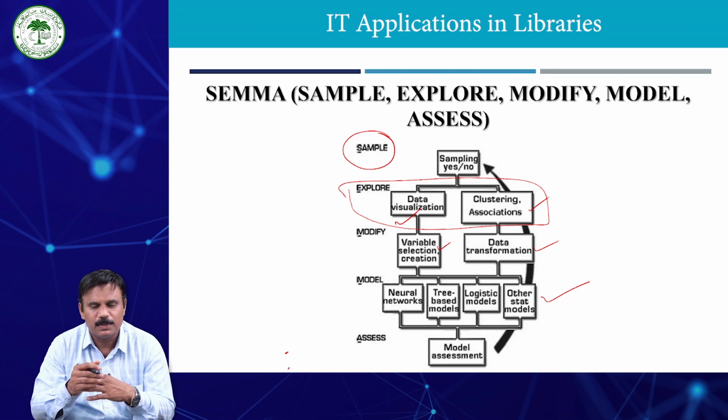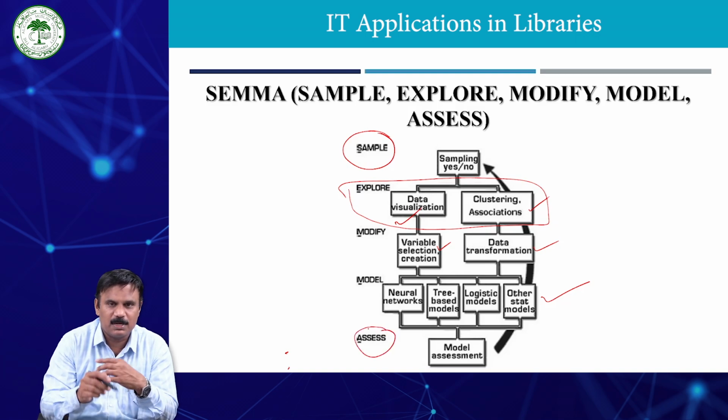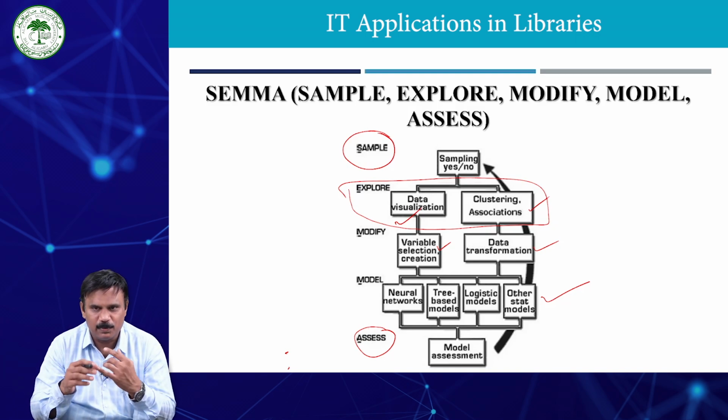We can have the process using statistical techniques and machine learning models. Then the last stage is assessment, assess. Here the system is going to evaluate the model's accuracy and utility for future predictions or actions.